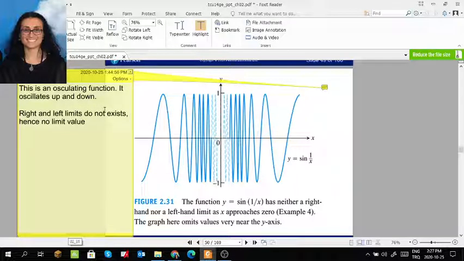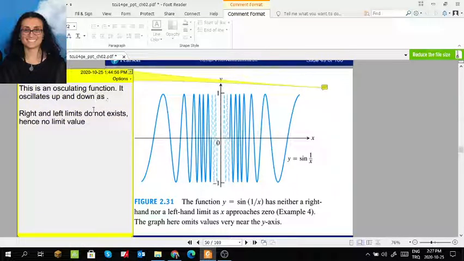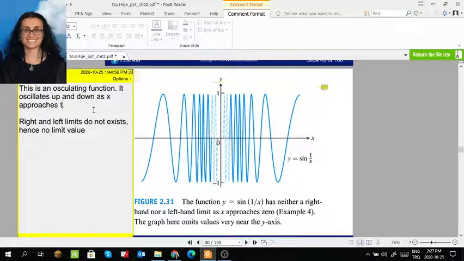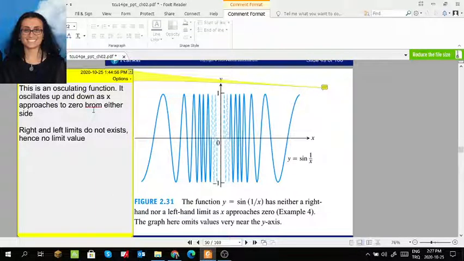It oscillates up and down as x approaches 0. Maybe I should say that: as x approaches 0 from either side, right and left limits do not exist, hence no limit value at x equals 0. Okay, this is it, done.